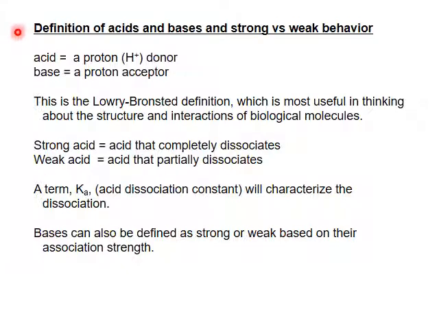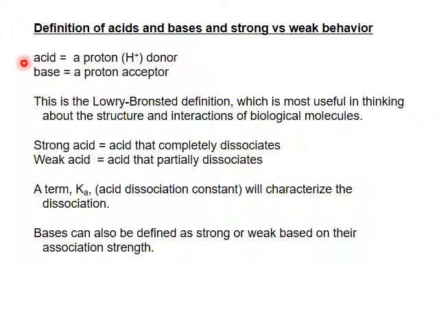So first of all, let's look at the definitions of what an acid is and what a base is. There are several different definitions in the chemistry literature, but we're going to look at an acid as a proton donor and a base as a proton acceptor. We talked about the ionization of water and how it can generate protons or hydronium ion and hydroxide ion.